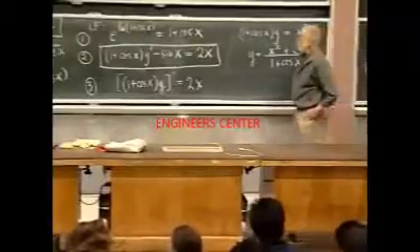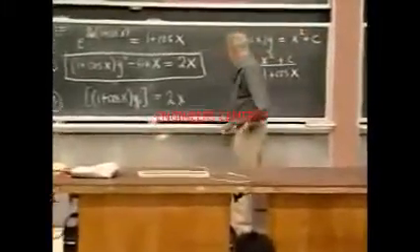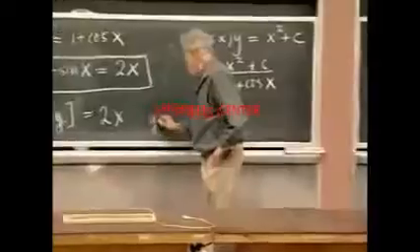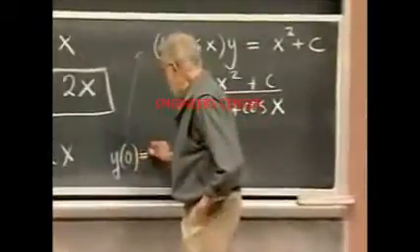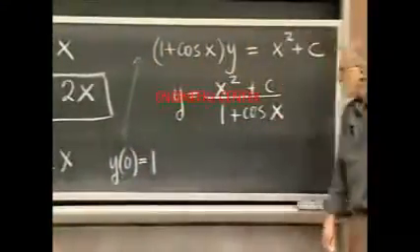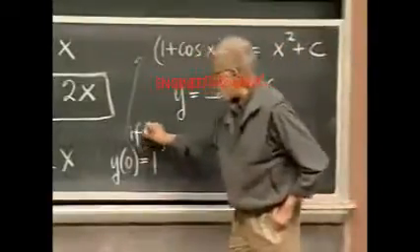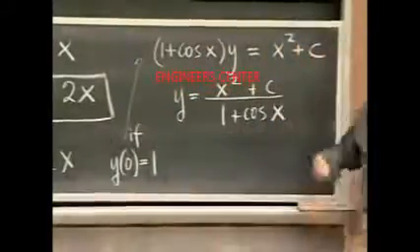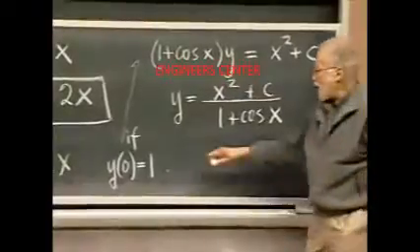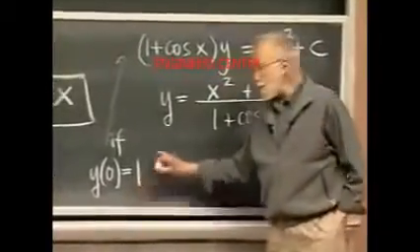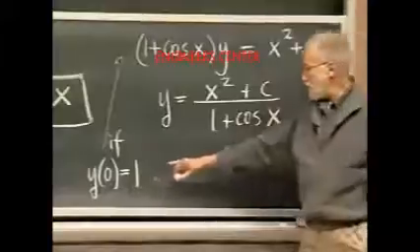Suppose I had given you an initial condition, which I didn't, but suppose the initial condition said that y of 0 were 1, for instance. Then the solution would be... this is an if, I'm throwing in at the end just to make it a little bit more of a problem. I could evaluate the constant by using the initial condition.